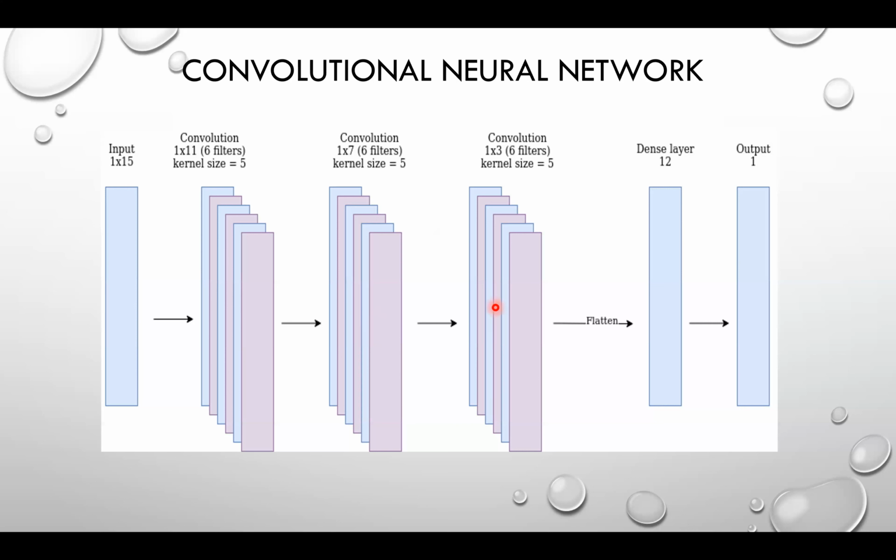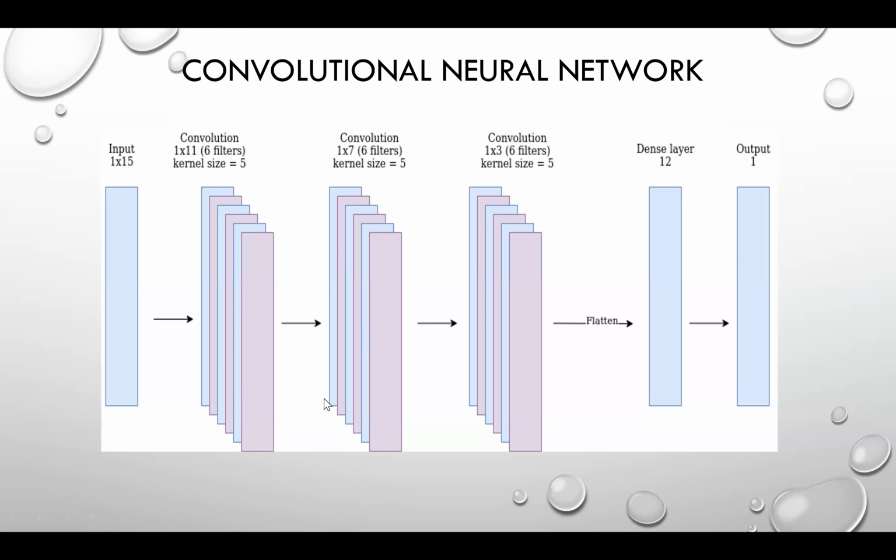Convolutional layer 3 has 6 filters, kernel size 5, but the output shape is 3 by 1. Then we have the flatten layer, which converts the last convolutional layer output to a one-dimensional vector, as we see here. The dense layer here includes 12 neurons. The output layer includes 1 neuron without activation for regression tasks, predicting continuous values accurately.